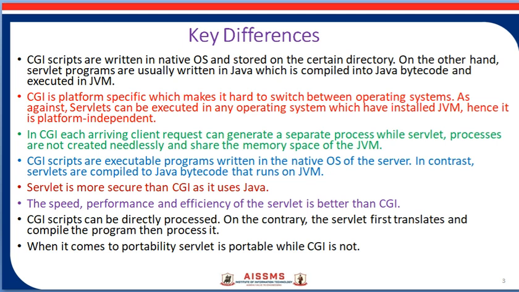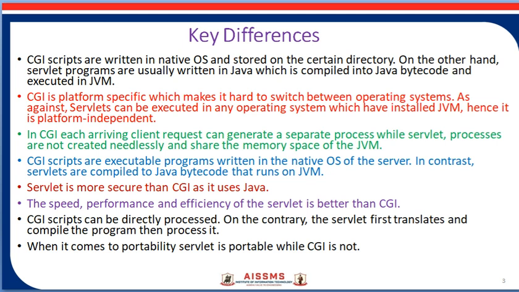CGI scripts are executable programs written in the native operating system of the server. In contrast, servlets are compiled to Java bytecode that runs on the JVM. A servlet is more secure than CGI as it uses Java; security is greater in Java.